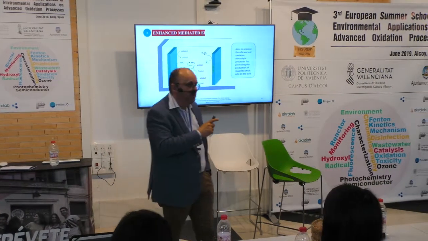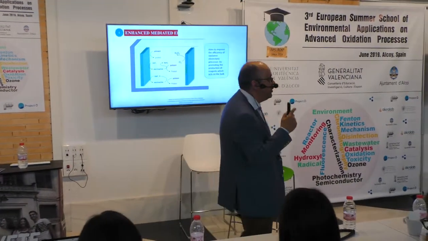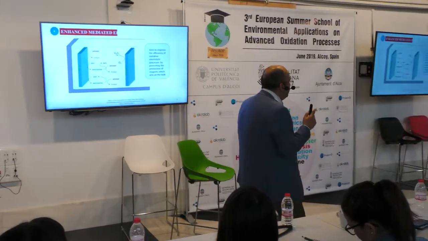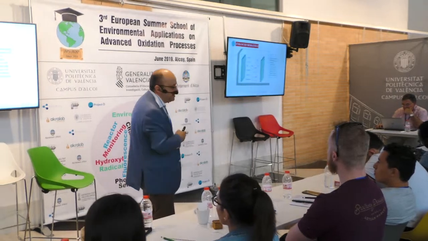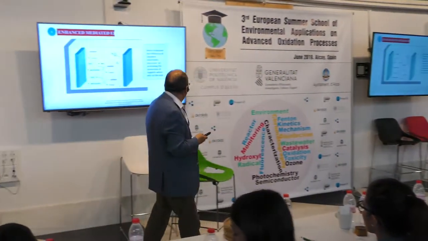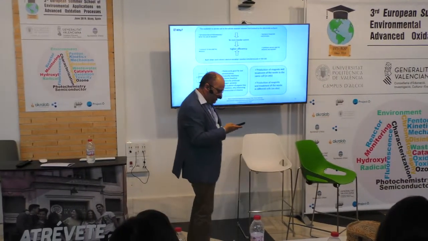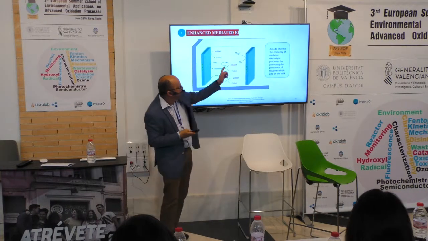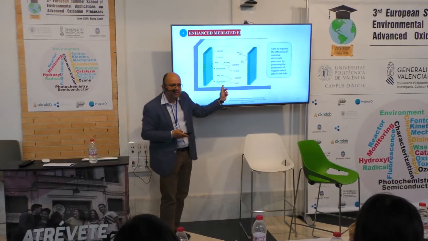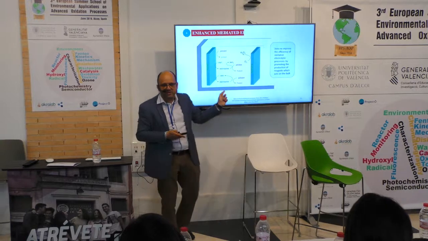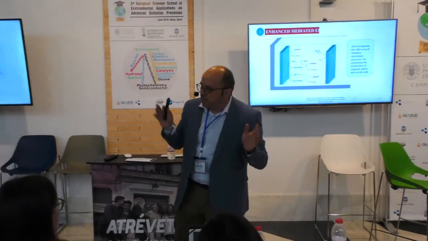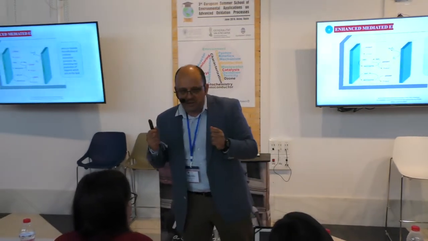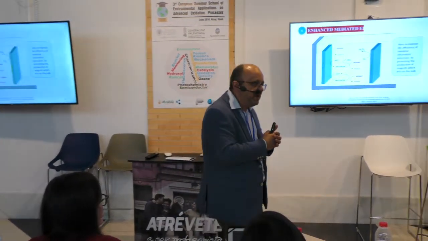Next point, how to improve the anodic oxidation. We can improve it by means of enhanced mediated electrolysis. And what does this mean? This means that I want to make use of the oxidants that are produced on the surface of the electrodes in the bulk of the solution, okay? And I want these oxidants to oxidize anything in the bulk.